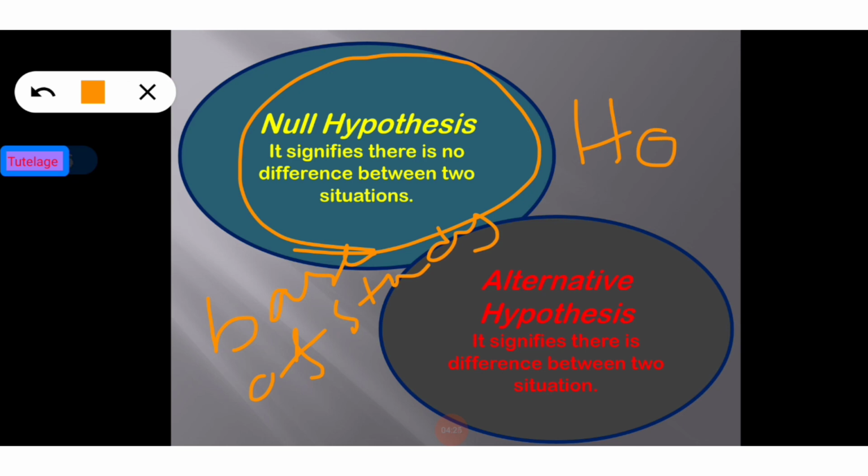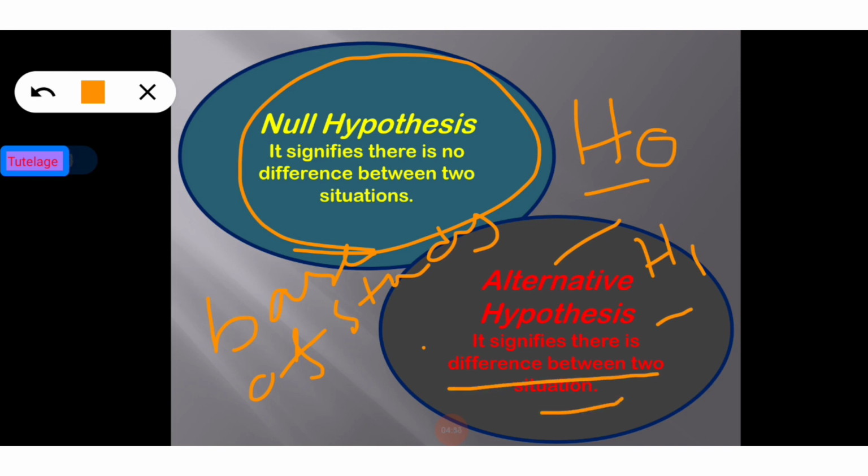Now move on to the next hypothesis, that is the alternative hypothesis, which is denoted by H1. So the null hypothesis is denoted by H naught and the alternative hypothesis is denoted by H1. The alternative hypothesis signifies there is a difference between two situations.